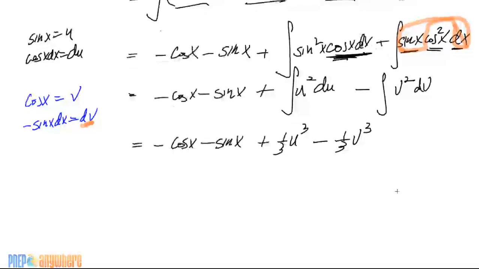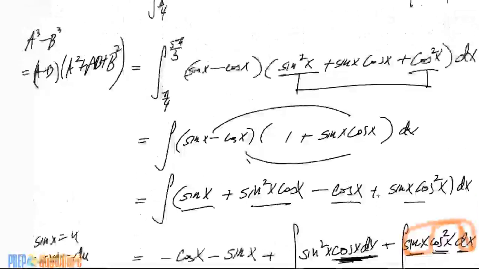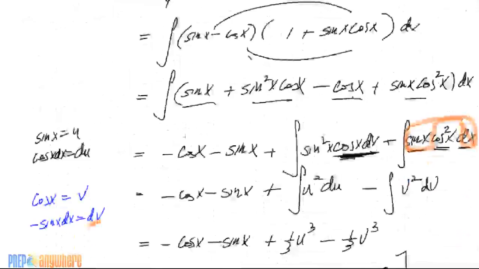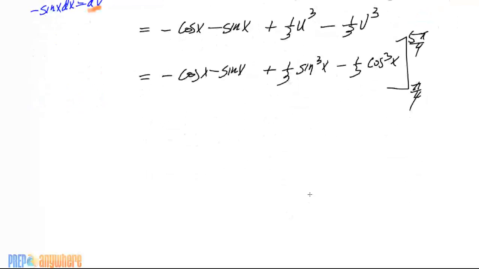Let's replace everything in terms of x. So u was sine and v was cosine. Now we put in 5 pi over 4 and pi over 4. Cosine of 5 pi over 4 is minus 1 over root 2, and sine is also minus 1 over root 2.